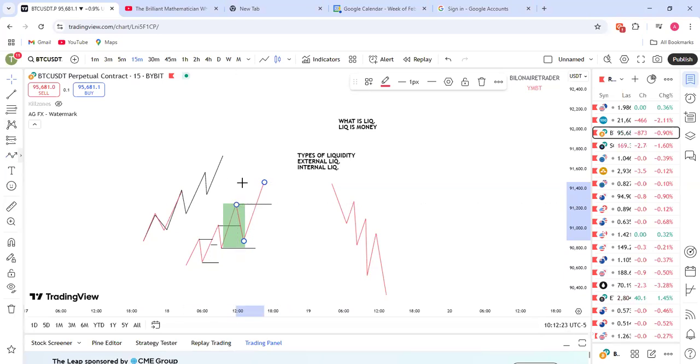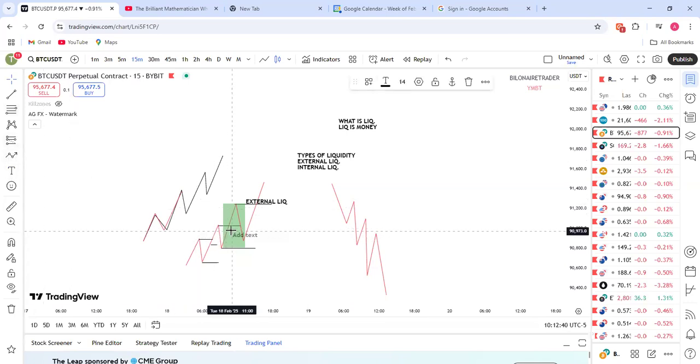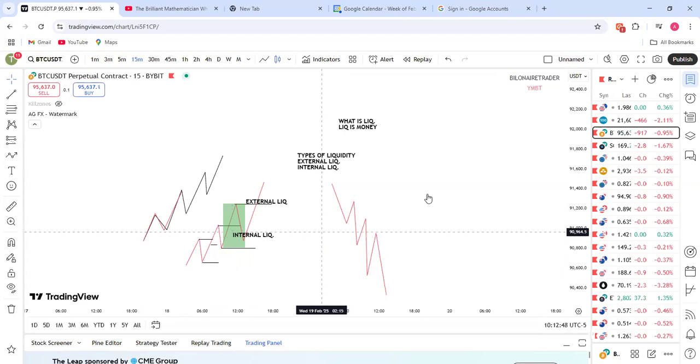The external liquidity. So you see that market moves from liquidity to liquidity. So this one that is here becomes the what? The internal liquidity. So you see now that market moves from liquidity to liquidity.